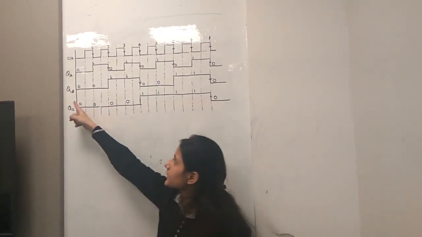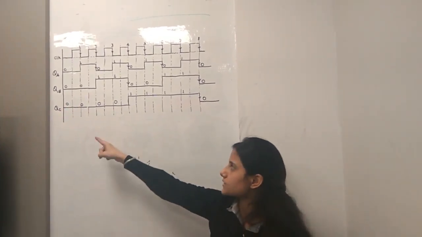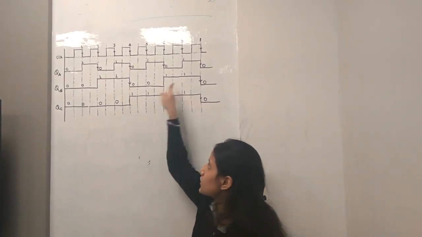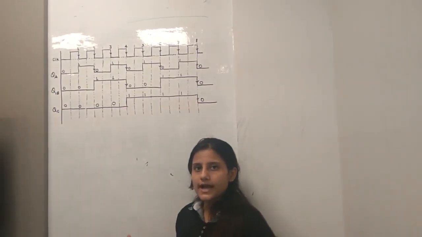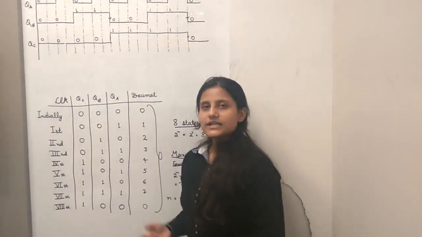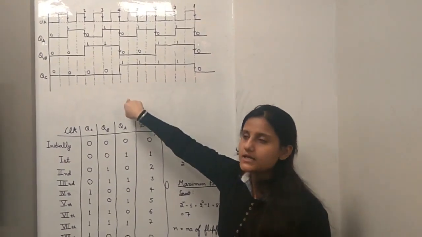We will consider QB because it will act as clock for QC. So toggling in QC will occur at these falling edges. In this way we can plot QA, QB and QC. So actually counting depends upon these waveforms that we have just obtained.